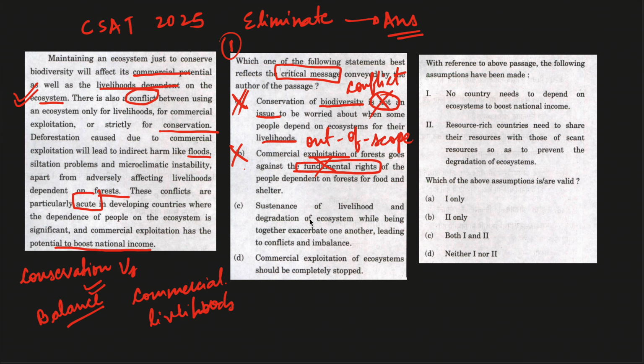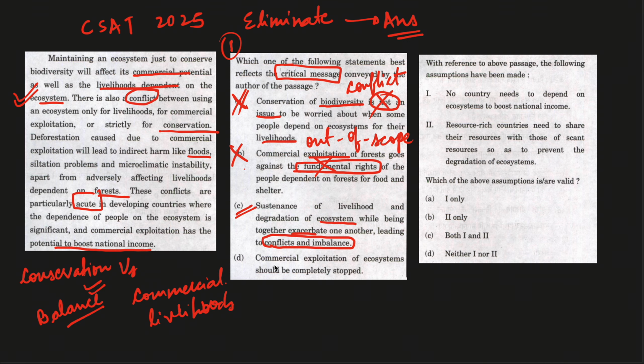Option C. Sustenance of livelihood and degradation of ecosystem while being together exacerbate one another, leading to conflict and imbalance. This is what the author wants to say, that both may lead to conflict and imbalance. So we'll keep this, we'll read option D and then we'll finalize our answer.